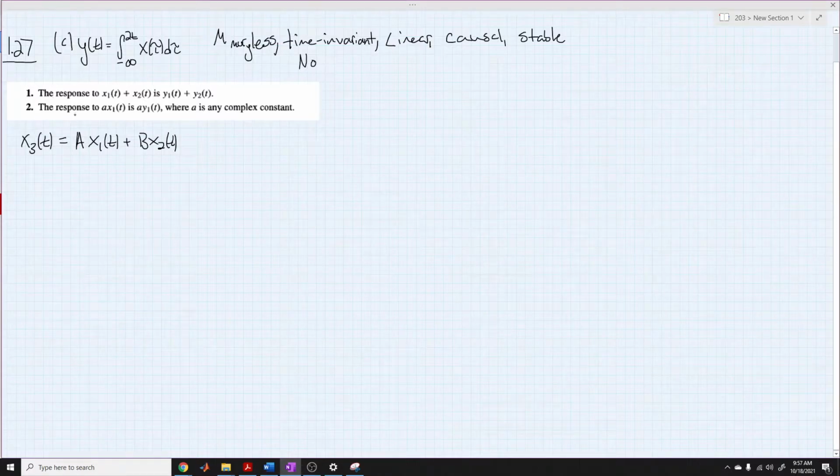And what we want to know is that if it's a linear system, the response to a times x1 of t is a times y1 of t, where a is any complex constant like we just talked about. And the response to x1 plus x2 is y1 plus y2.